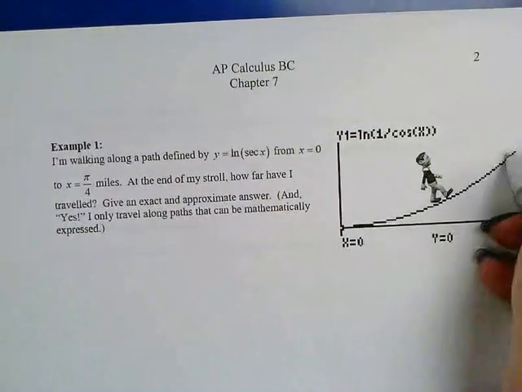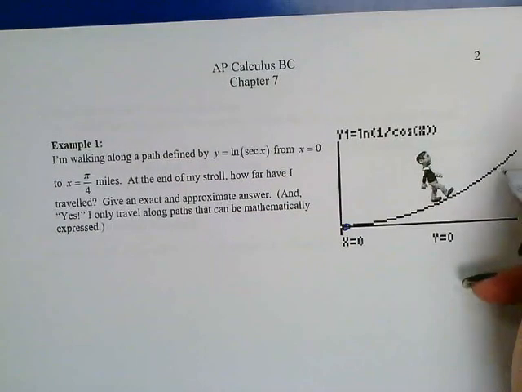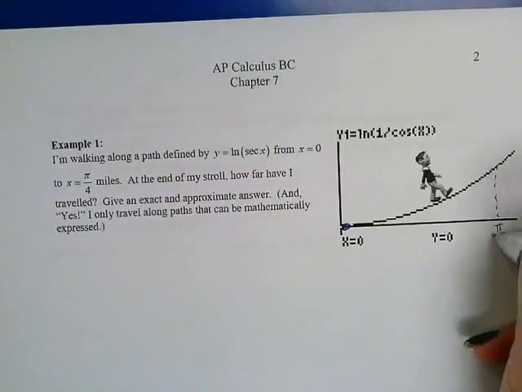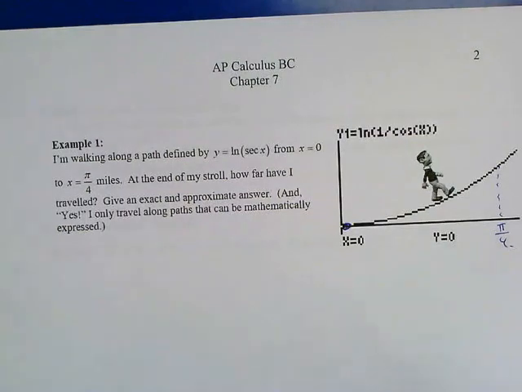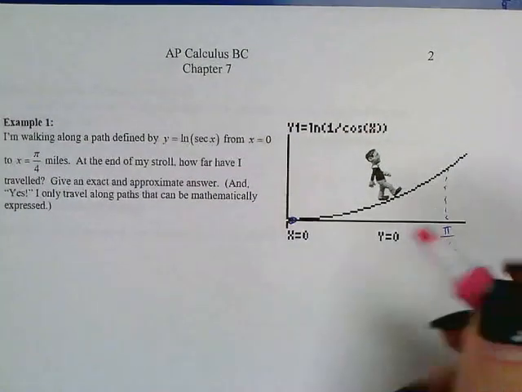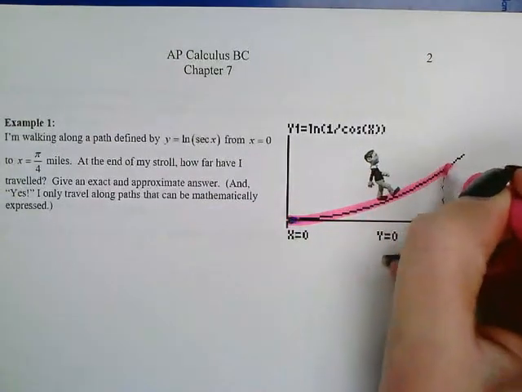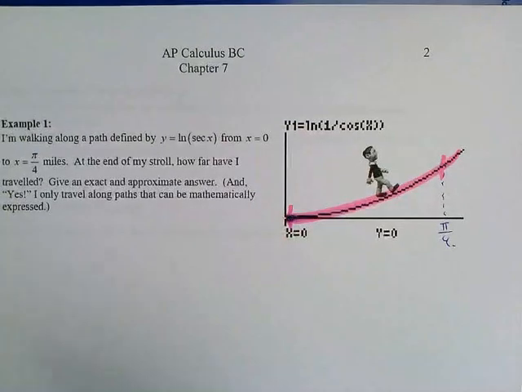And you're walking along from x equals 0, and let's call this guy right here pi over 4. I want to find out the length. So now we are no longer talking about the area under the curve. We want to figure out how far am I walking from here to here.